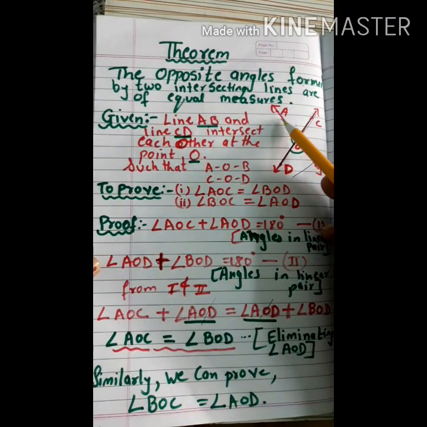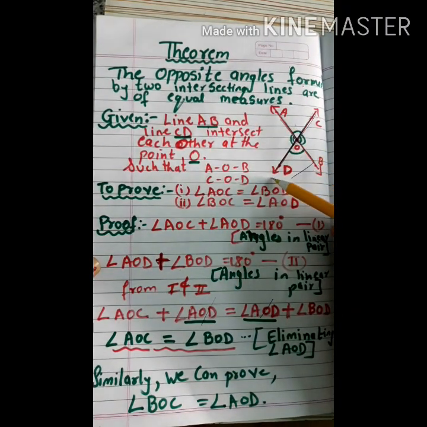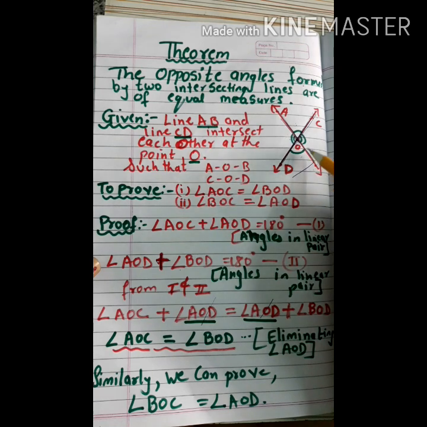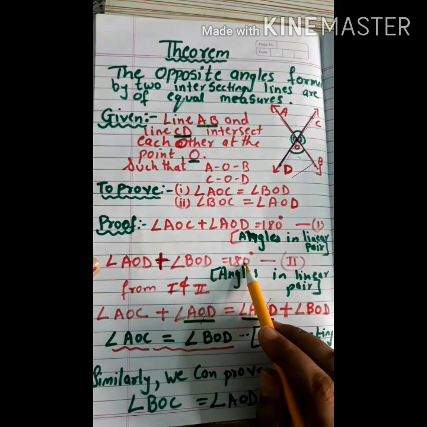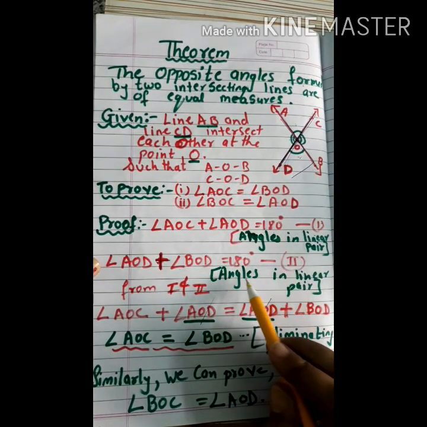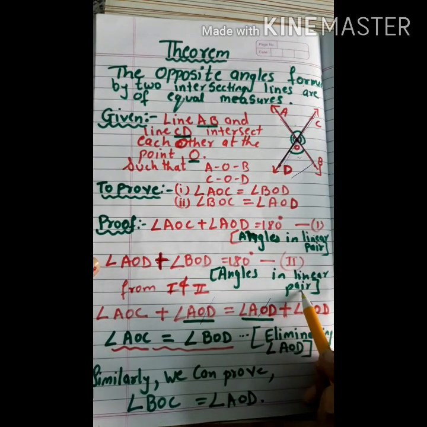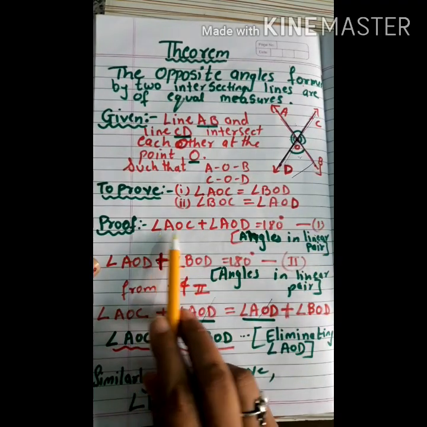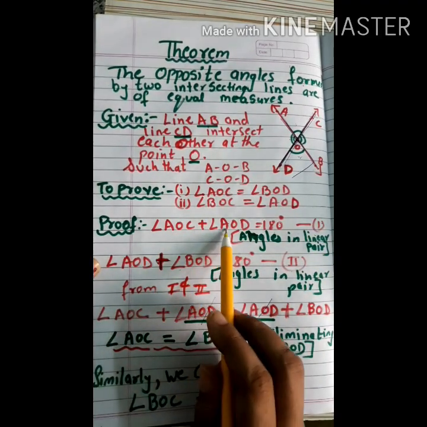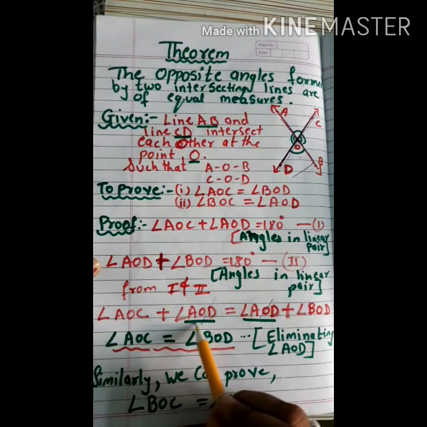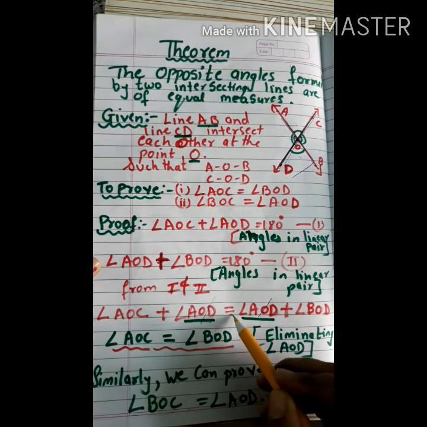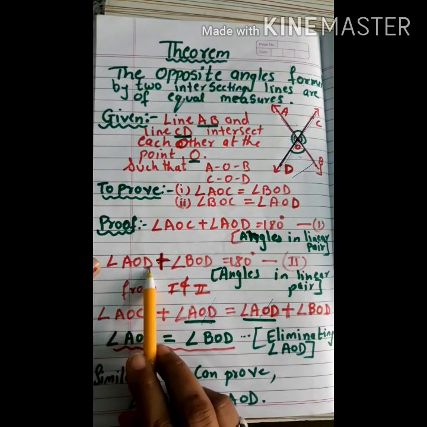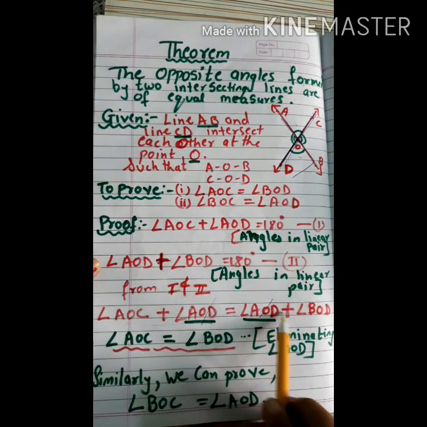Second one: angle AOD plus angle BOD. These two angles are also in a linear pair, equal to 180 degrees. Equation 2, angles in linear pair. From first and second we get angle AOC plus angle AOD equals angle AOD plus angle BOD.